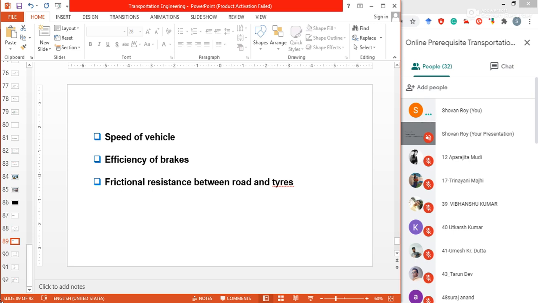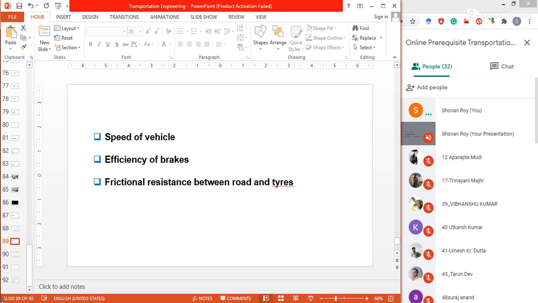This value, apart from having a sufficient safety factor, permits a rate of retardation which is fairly comfortable for passengers. Also the comfort of the passenger is important.